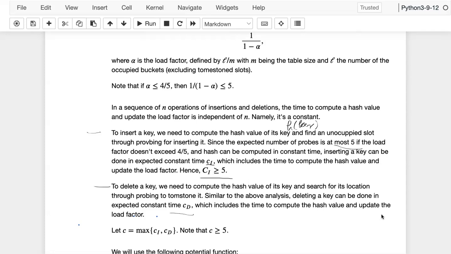Let's call it C sub D. Now let C be the maximum of C sub I and C sub D. Hence, we have C is greater than or equal to 5.